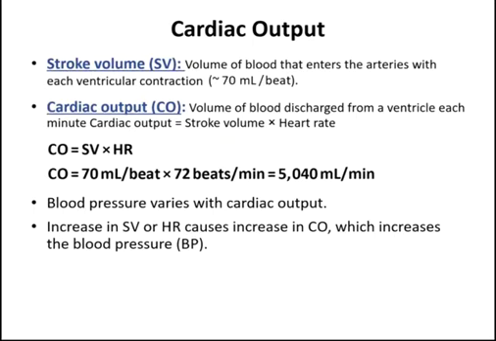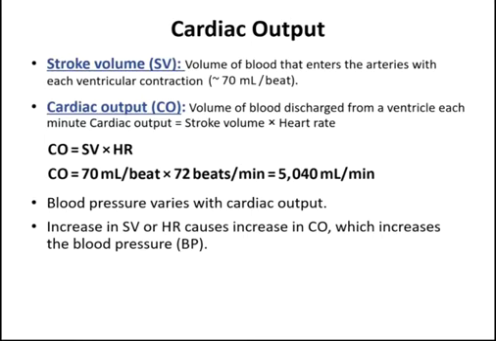Cardiac output is how much blood is discharged from a ventricle each minute. So it's the amount of blood put out each minute from a ventricle. In this equation, CO is cardiac output. This is going to be the stroke volume times the heart rate, how many beats per minute.